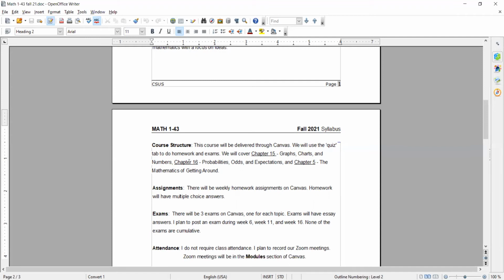It's statistics kind of stuff, probability, odds, expectations, and we take a test on chapter 16. And then we do something completely different called graph theory, which is in chapter 5, and it's the mathematics of getting around. And then we take that test, and there's no cumulative final, just 3 exams.